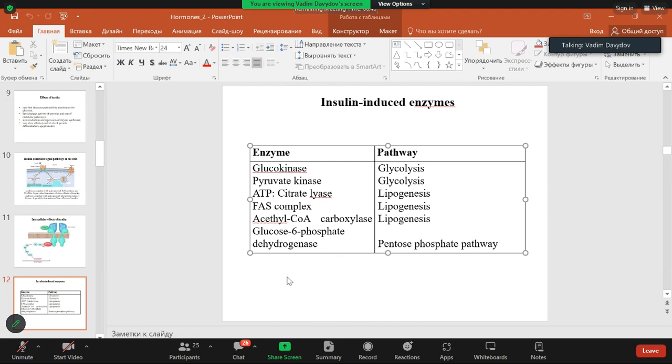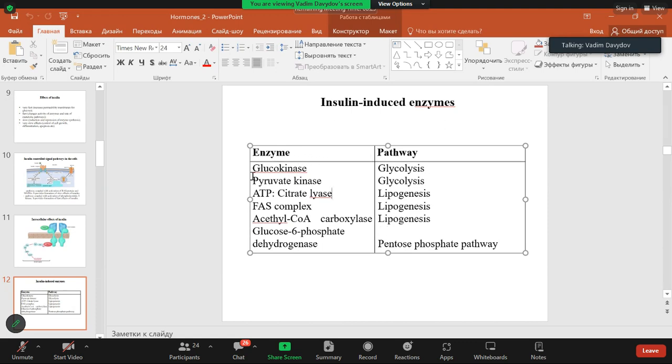And there exists a special enzyme called phosphoenolpyruvate carboxykinase. The gene of that enzyme undergoes suppression by insulin. For that reason, simultaneously, insulin leads to inhibition of the process of gluconeogenesis in the liver.